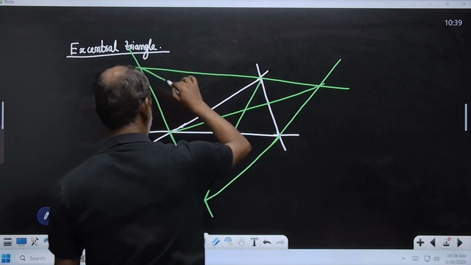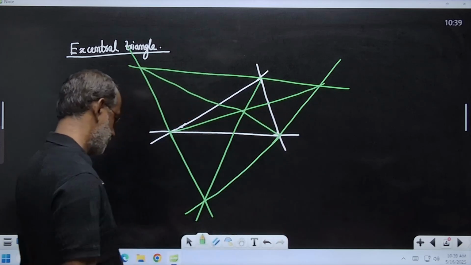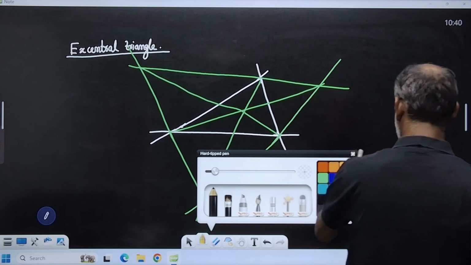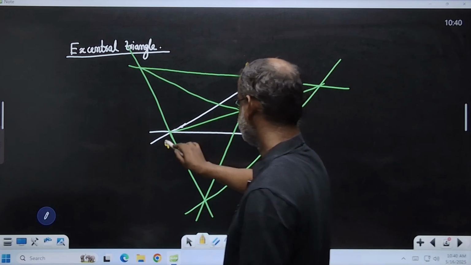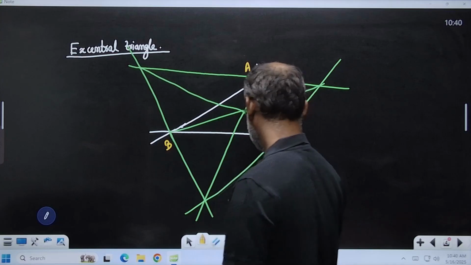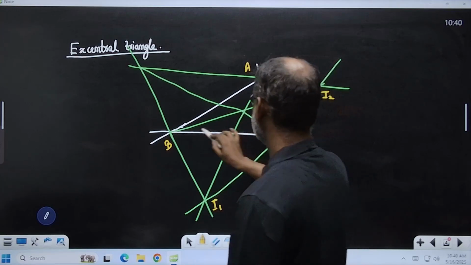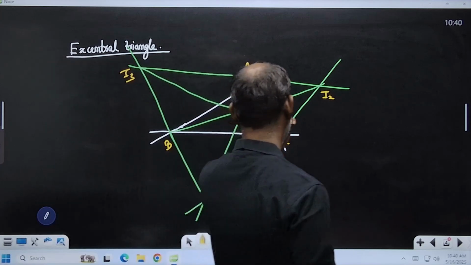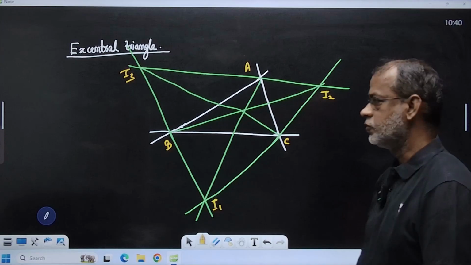The diagram may not be properly drawn. Say something like this. So, this is our triangle. These are excenters. It is not drawn properly, but so be it.